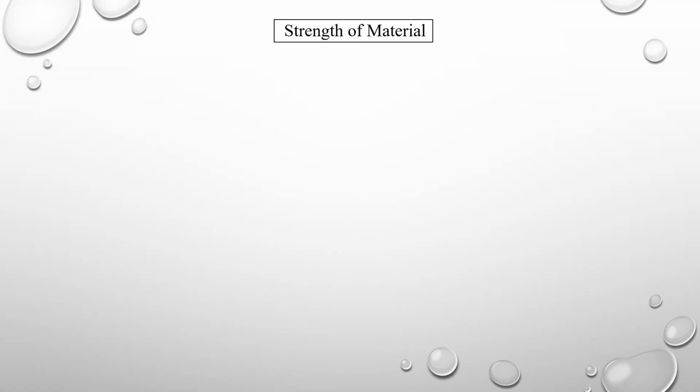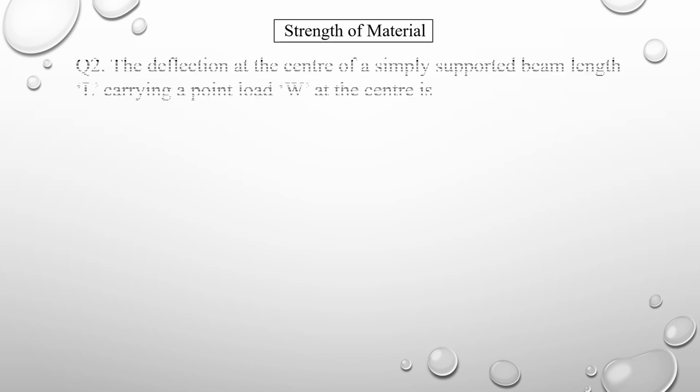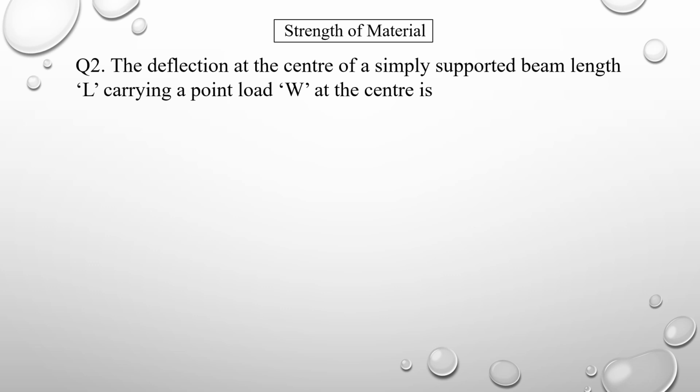Then the second question is from strength of material. The question is, the deflection at the center of a simply supported beam of length L, carrying a point load W at the center. Here the simply supported beam is given and the length is L with a point load W at its center.